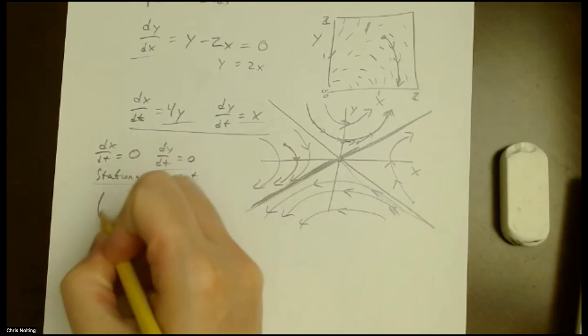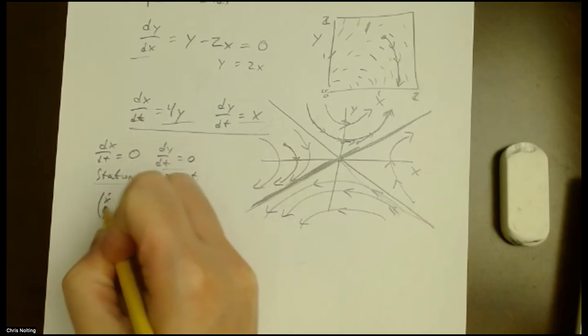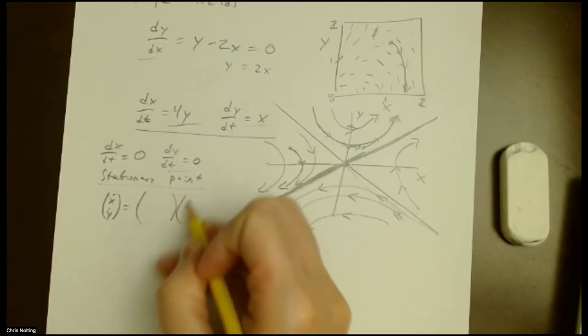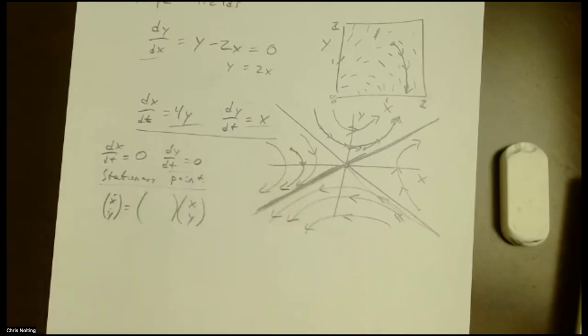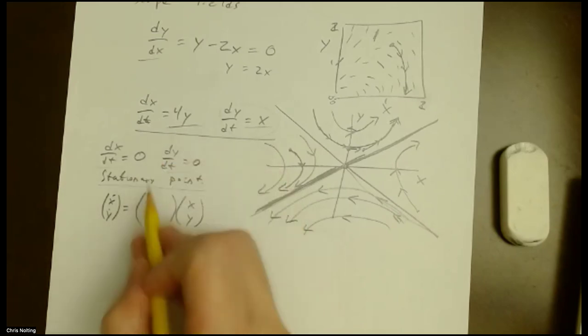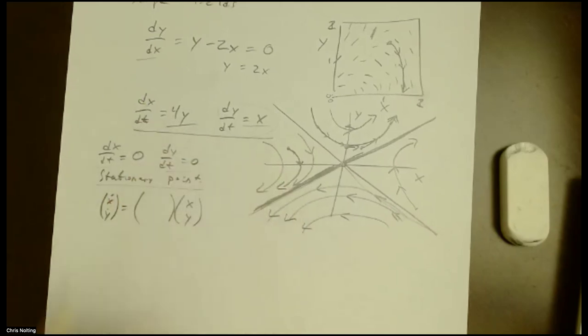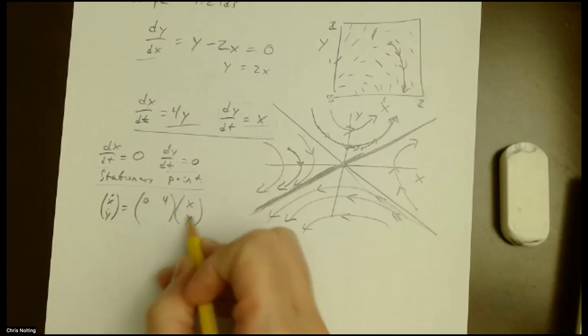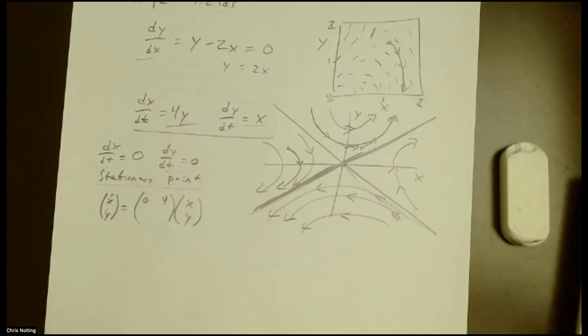And to do this, I'm going to actually rewrite our system of equations into a matrix form, similar to what we saw when we were doing linear algebra. In this case, of course, dx dt, which I'll say is x dot, is going to be dependent on y and not on x.